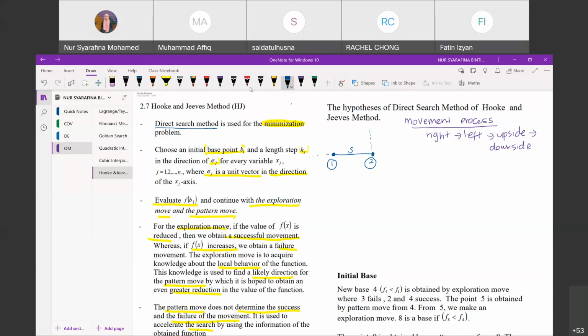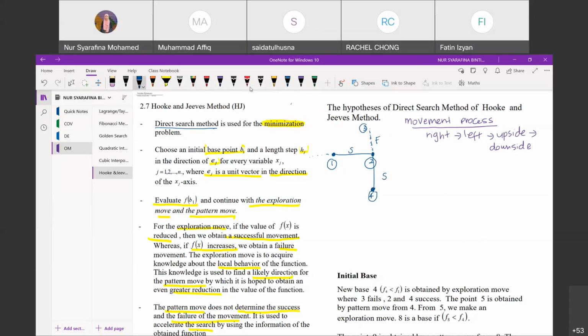Let's say this is failure, because increased value means failure. So we move downside. And then this is success.